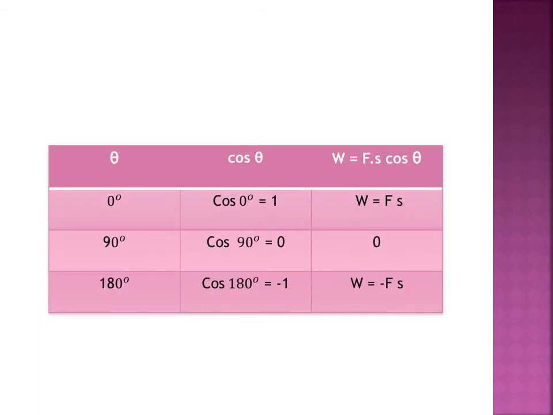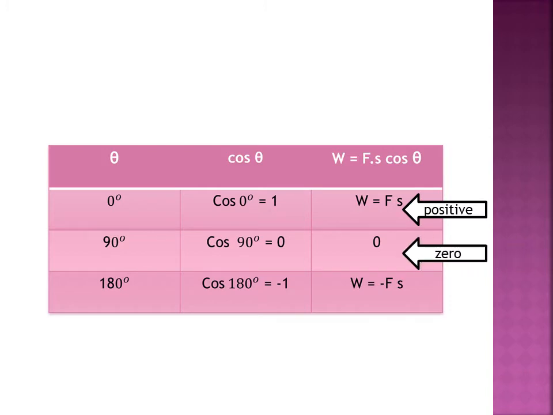When the value of theta is 0 degree, cos 0 degree is 1. So W will become Fs. So it is positive. So it is called positive work done. When theta is 90 degree, cos 90 degree is 0. So W will become 0. So it is called zero work done.